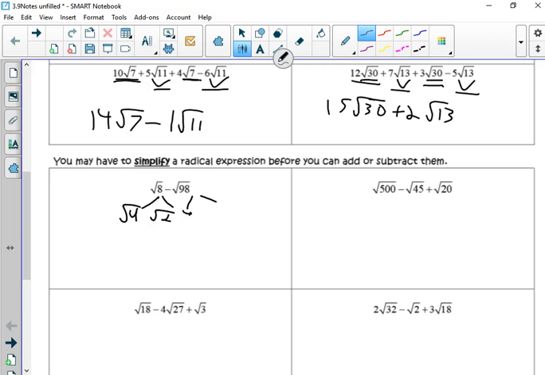This breaks down to 49 and 2. Just like we did in the previous lesson. So radical 8 is really 2 radical 2 minus 7 radical 2. Well, look here. Now we have radical 2's for both. Since we have radical 2's for both, now we can join them together and get negative 5 radical 2.